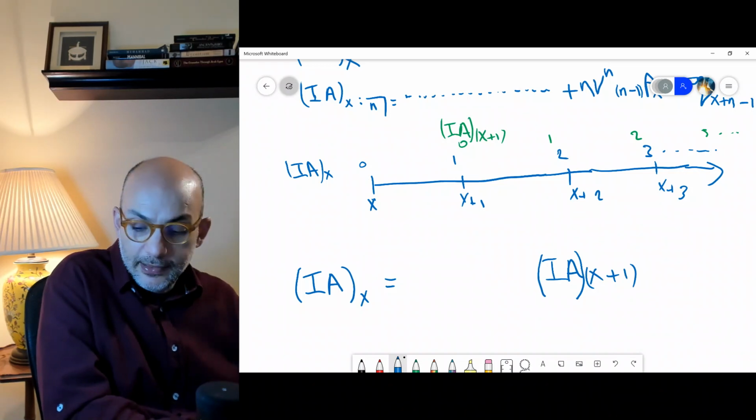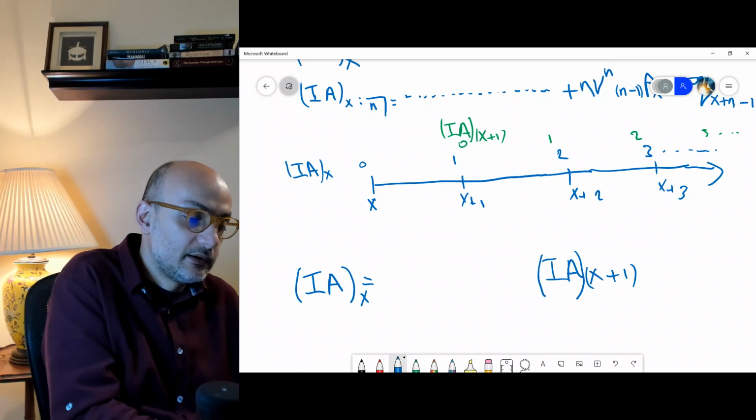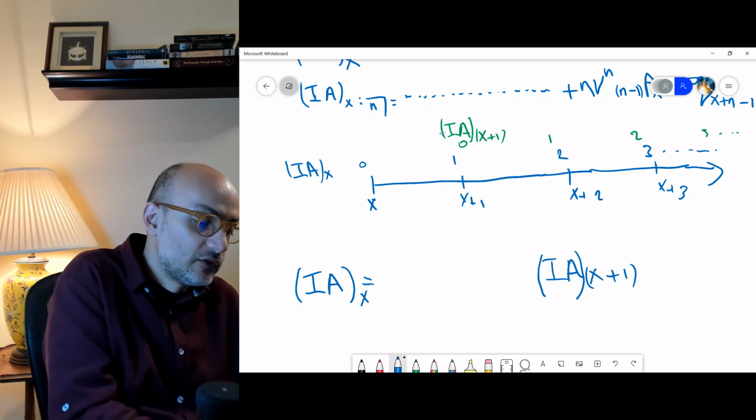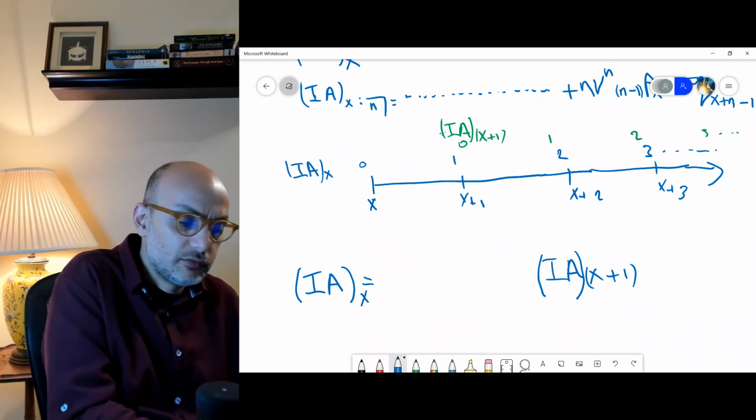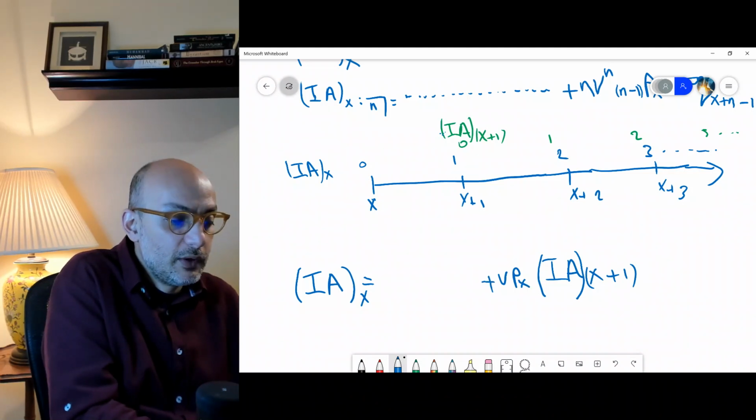The first thing you need to recognize is that there is a 1 year delay. So firstly, we need to bring it back here. How do you bring it back? You discount it, actuarial discounting, because for 1 year we can just use v p x. But if you bring this one back, there is $1 missing here.